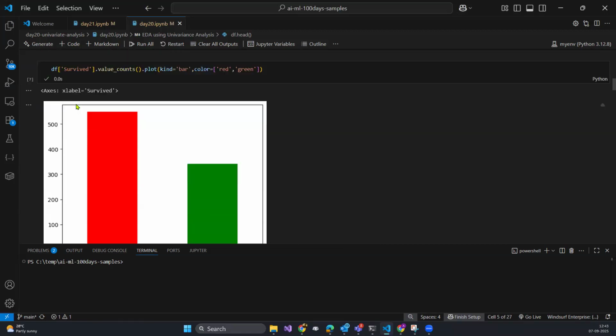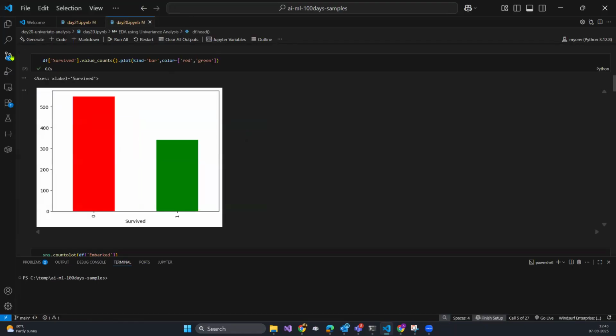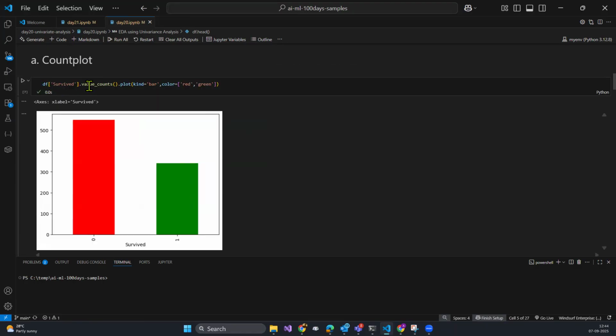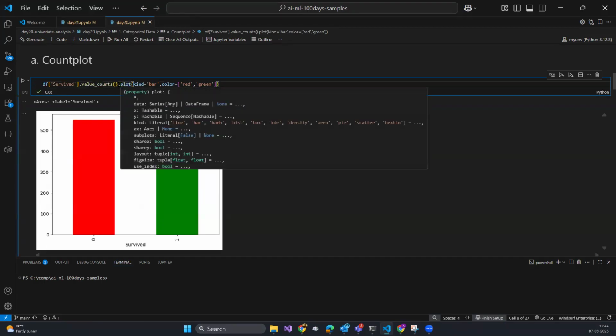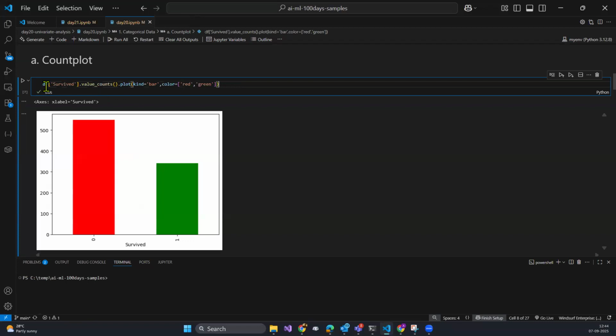Just to see how this analysis looks. Here we have this data frame, and what I'm doing is getting all the counts of the survived column, and I'm saying to plot these counts as a bar chart, using the colors red and green. In our dataset we have two types, right? Survived and not survived.